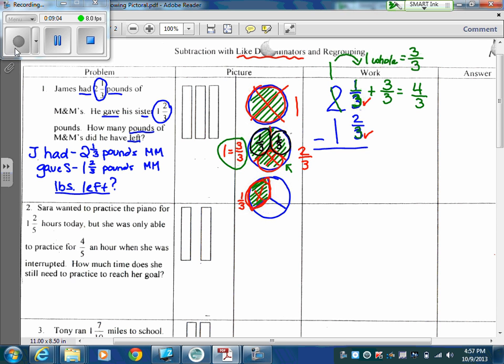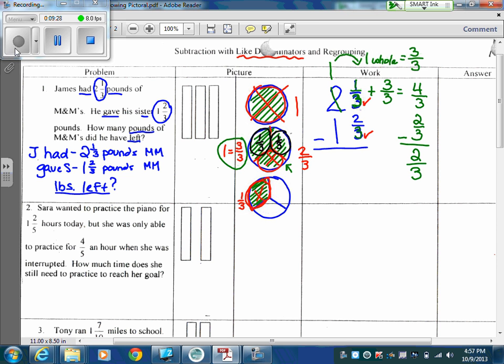Now can I take 2/3 and subtract? Well, yes, because now the denominators are still the same. Now all I have to do is take the numerator 4, subtract 2, and get 2. And I know my denominator stays the same.